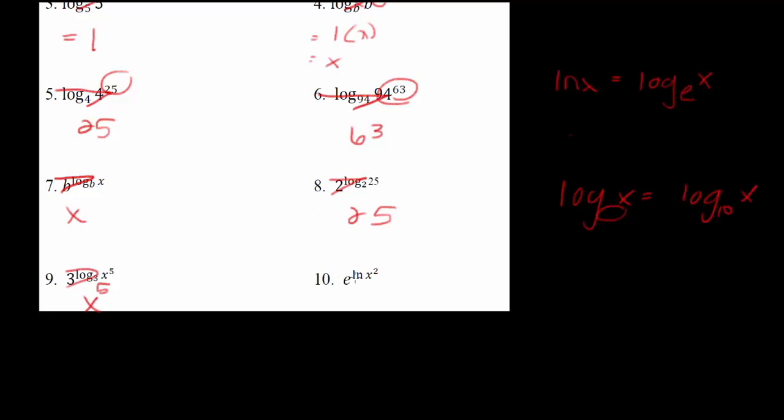A natural log is just a logarithm that has a base e, so they don't even write it there. And because the base is e of that natural log, the natural log and the e cancel out, and we're just left with x squared. So just remember that. Natural log and e undo each other.